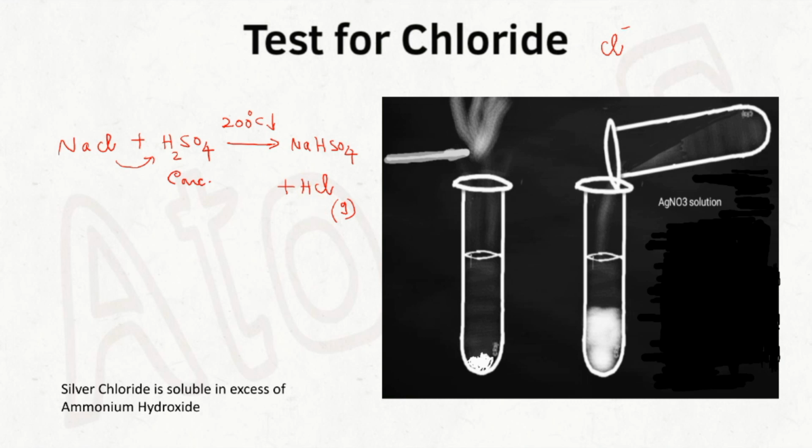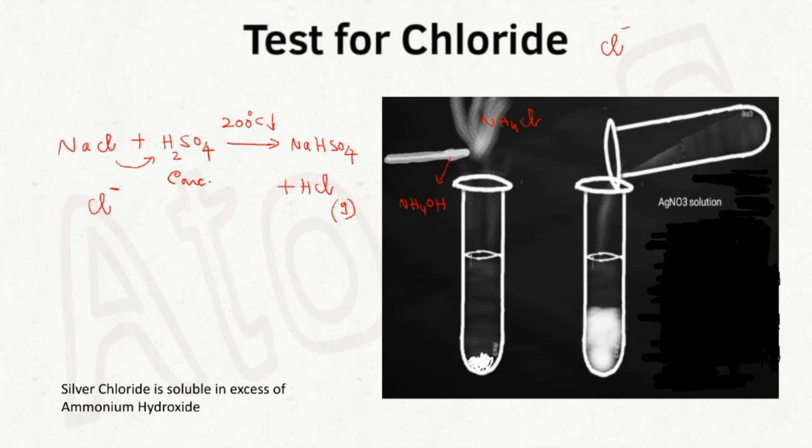You learned that a glass rod dipped in ammonium hydroxide will be brought near the mouth of the test tube. So what will happen? Ammonium hydroxide and hydrogen chloride will react together to form dense white fumes of ammonium chloride. While adding concentrated H2SO4 to a particular salt, if the gas evolved is hydrogen chloride, definitely we can confirm that the salt will be containing chloride ion. This is a confirmatory test for chloride.